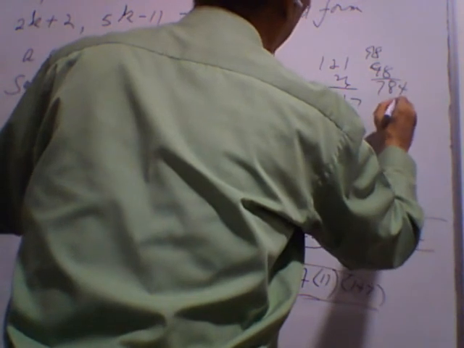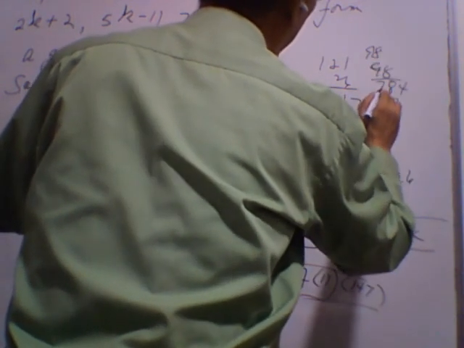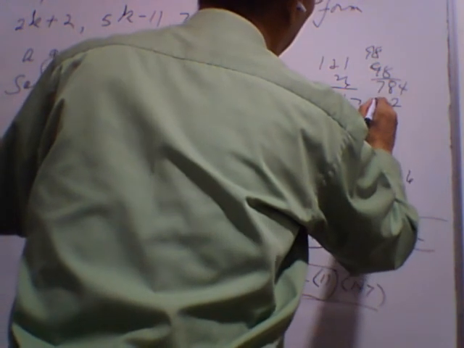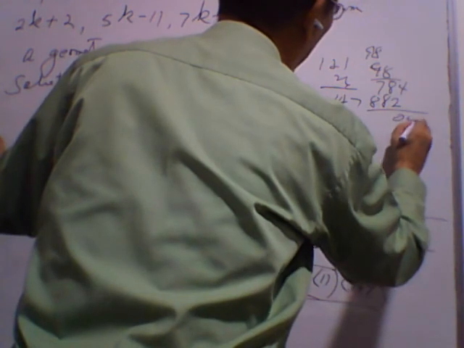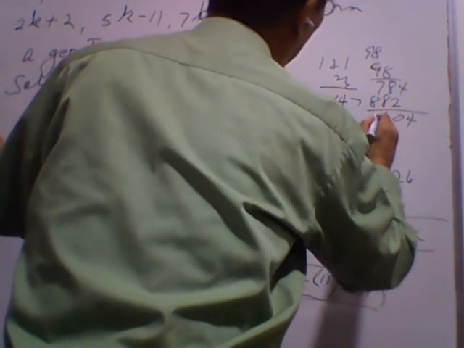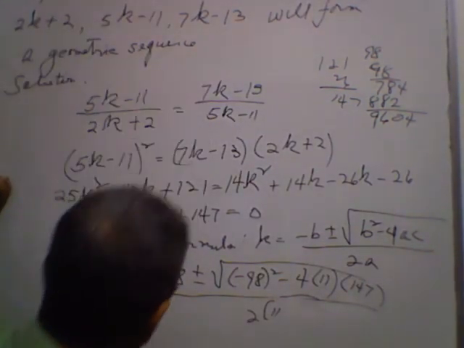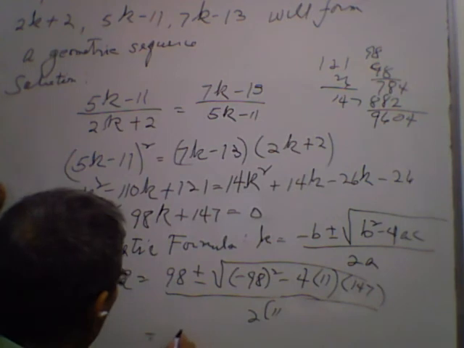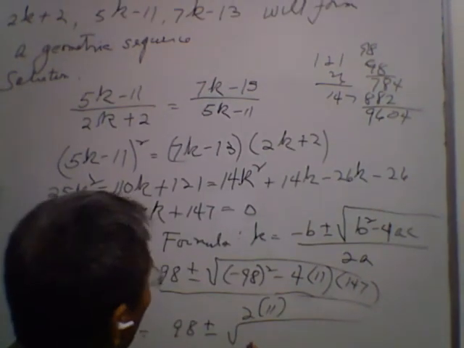Then 72 again, carry 7, 81, 88. So this one is 9604. So let's continue. So 98 plus or minus square root of 9604.